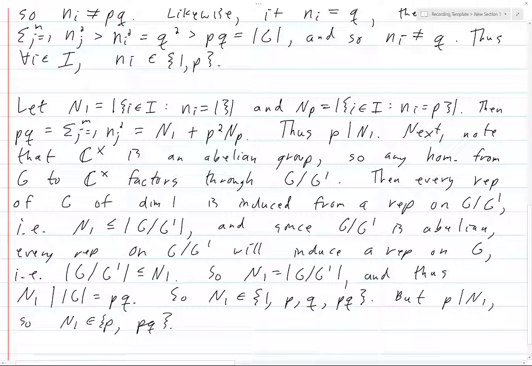See here. So now we're going to assume for contradiction that N1 equals P. Then what? Do we also have this thing?